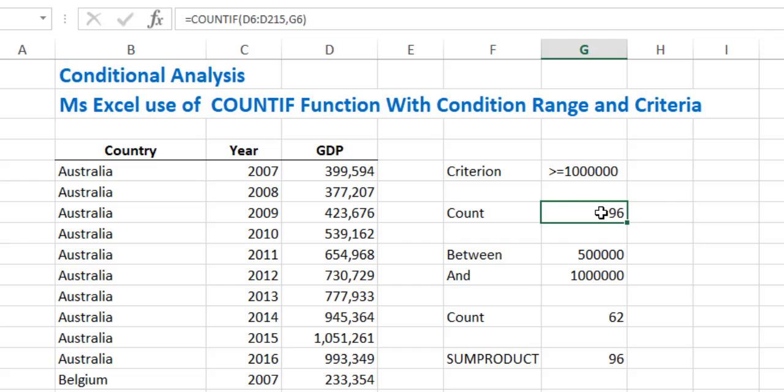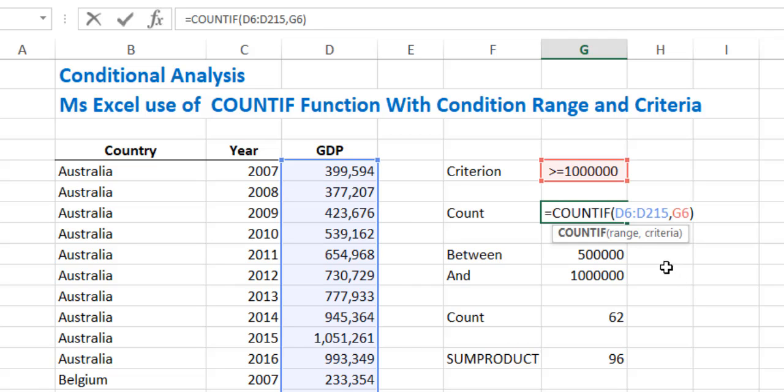So the formula here, COUNTIF, is counting these GDP figures and analyzing this criteria in this range D6 colon D215 comma G6. The value is in G6, and the formula is finding all those values and counting them which is greater than 1 million.